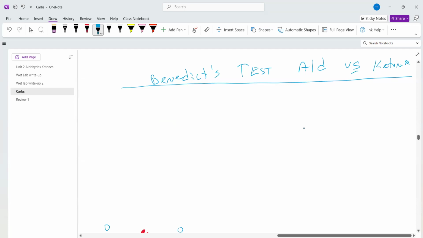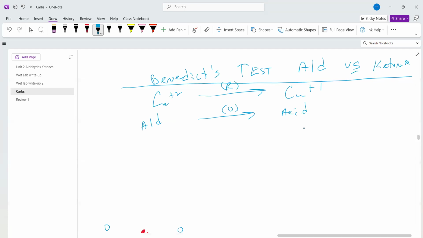One of the tests was the Benedict's test, and that involved copper +2 being reduced to copper +1. When that happens, the aldehyde gets oxidized to the acid. Ketone does not get oxidized to the acid.